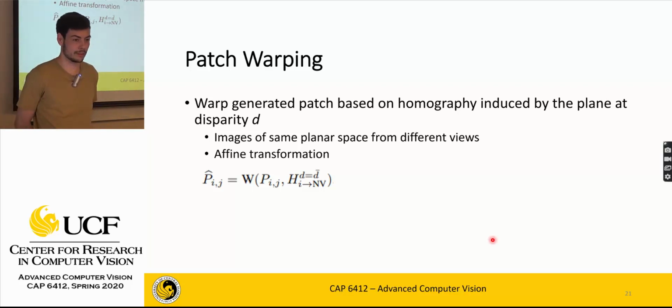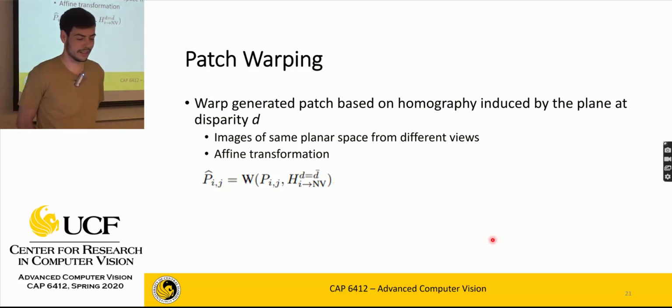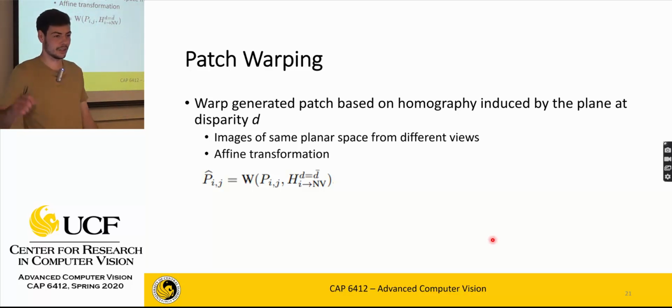So in order to get these patches as close as possible, they have to warp the patches. And warping is based on the homography induced by the plane at disparity D. And what that means is they essentially look at the homography between the source image and the novel viewpoint.